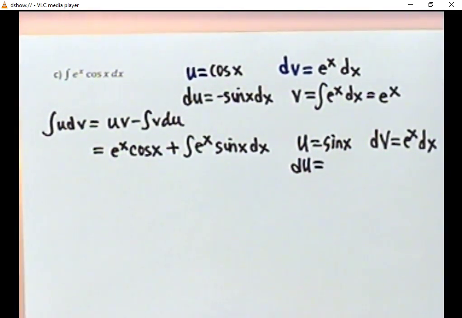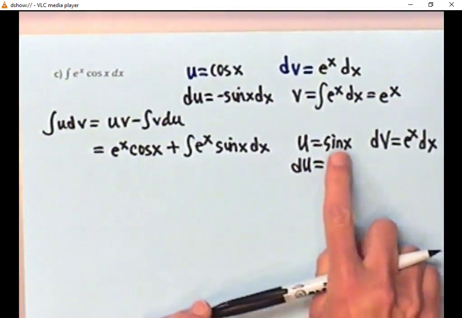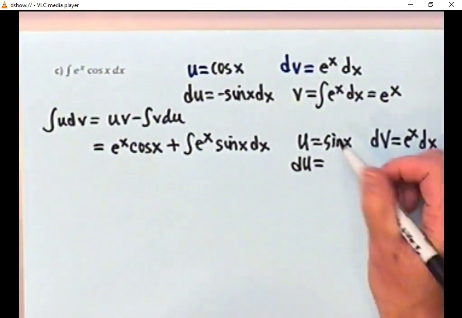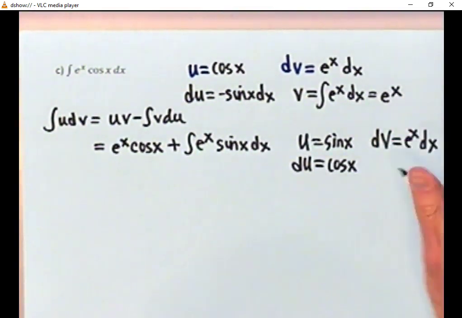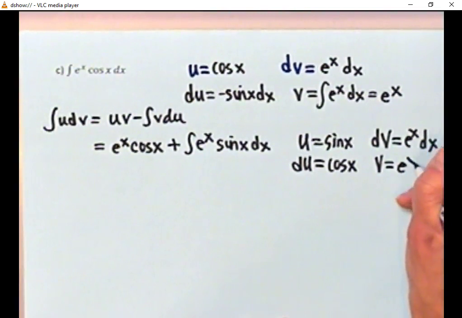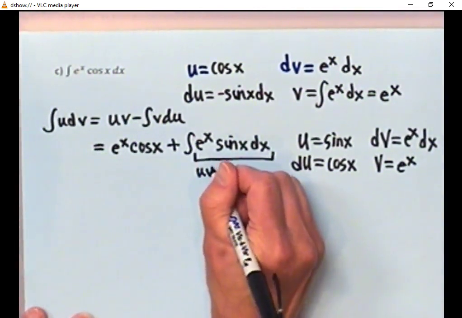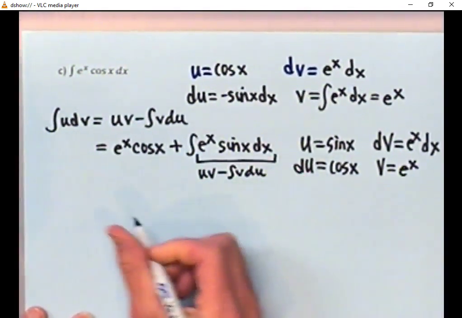So what's the du going to be here? Salvador, if this is sine of x, what's du? Cosine of x, very good. And Jonathan P. here on campus, what's the integral of e to the x dx? e to the x again. Right, okay. Okay, this is going to help us. Let's see. So we're going to do the uv minus integral of v du on this integral as well.